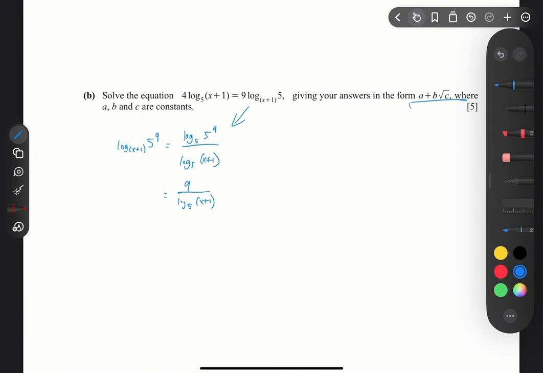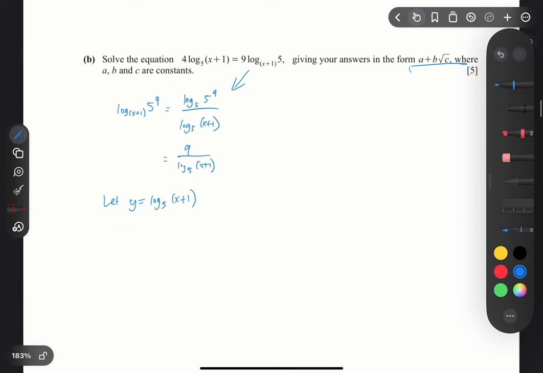Okay, now both sides of the equation have log base 5 of x plus 1, and you can let y equals log base 5 of x plus 1, so that it's easier to work out.